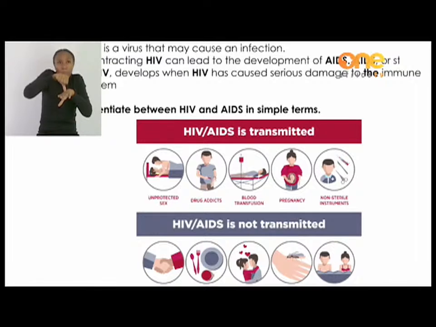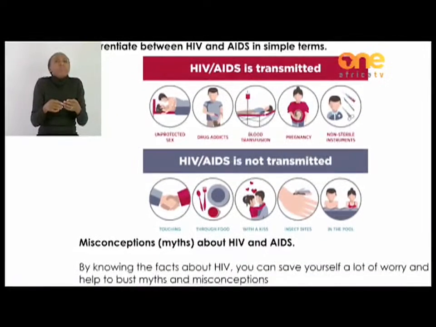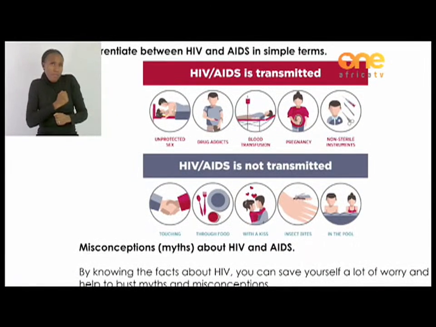There you can get HIV. You can also get HIV through pregnancy. For example, a pregnant mother can pass on HIV from her to an unborn baby. And we can also get HIV from non-sterile instruments.